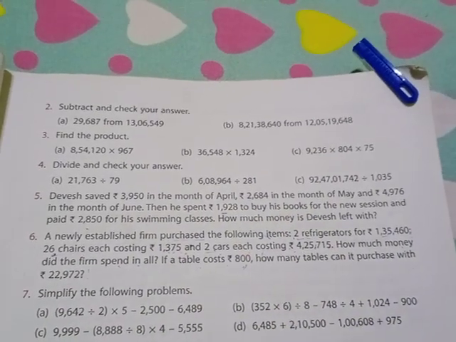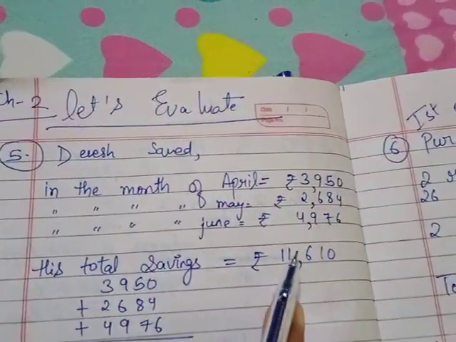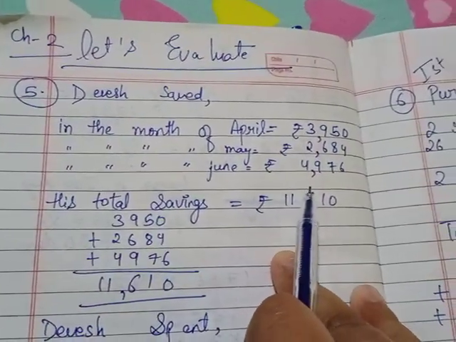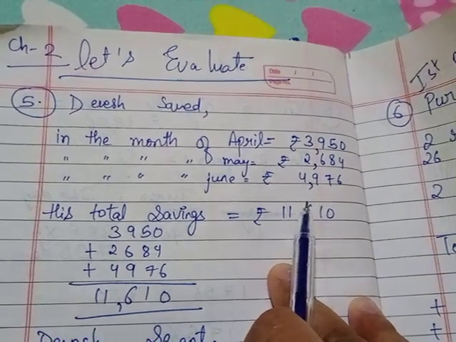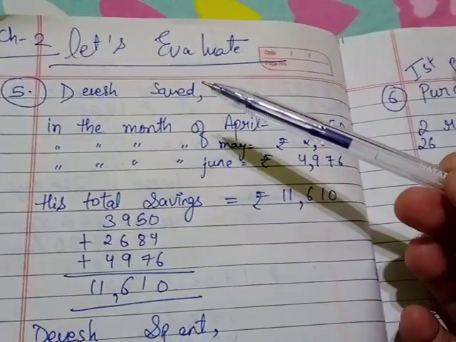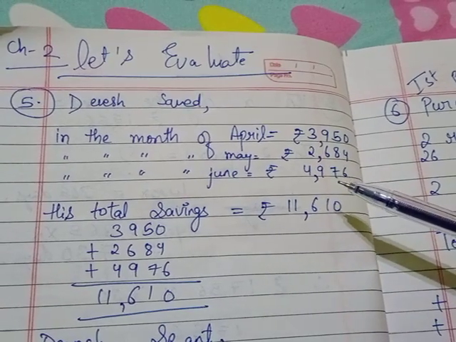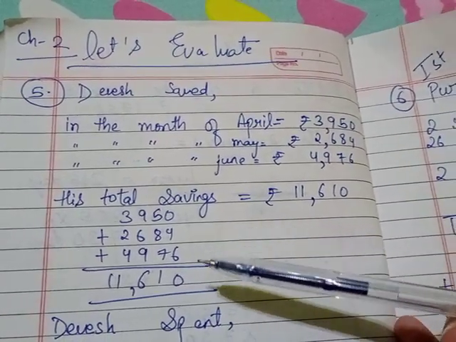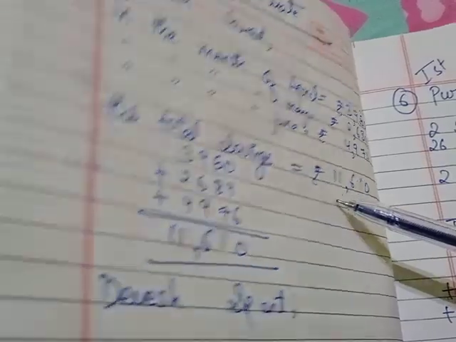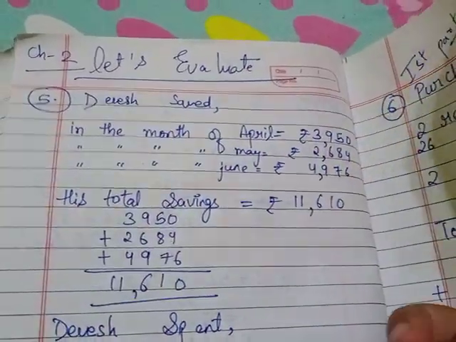You can see here, I have already shared this as a photograph, so you may check it out from there also. I have added all the savings, 11,610 rupees he has saved.